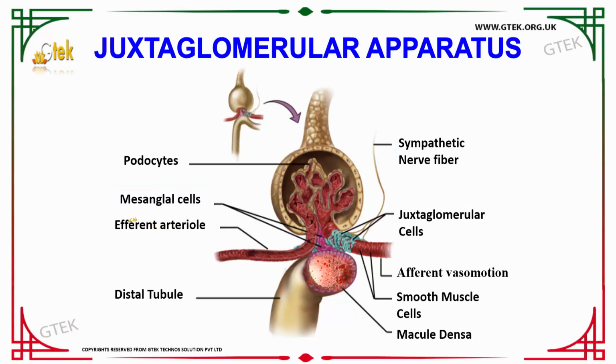The arteriole over here is the efferent arteriole, and this is your afferent arteriole. You can see that your arterioles are covered by smooth muscles, and this is your distal tubule, and this opening is your macula densa. This gives you the juxtaglomerular apparatus appearance. So this is how it appears.